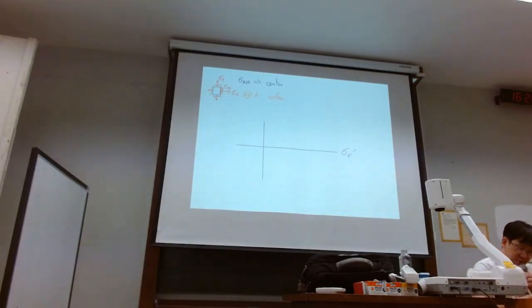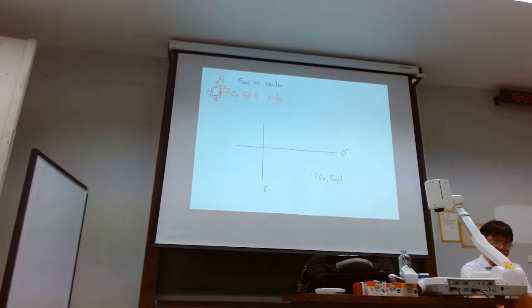In the end, that sigma x prime will just be called sigma, and tau x prime y prime we will just call tau. Plotting the surface A will give you a point. That point itself is your sigma x, tau xy. That will be a point on the circle.